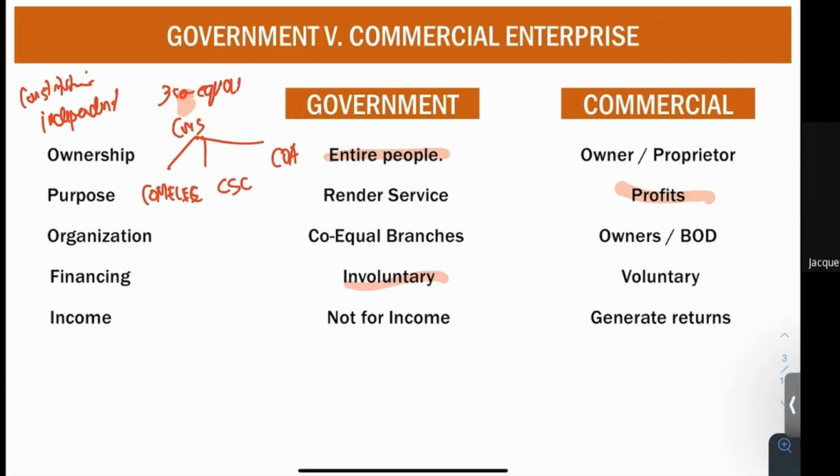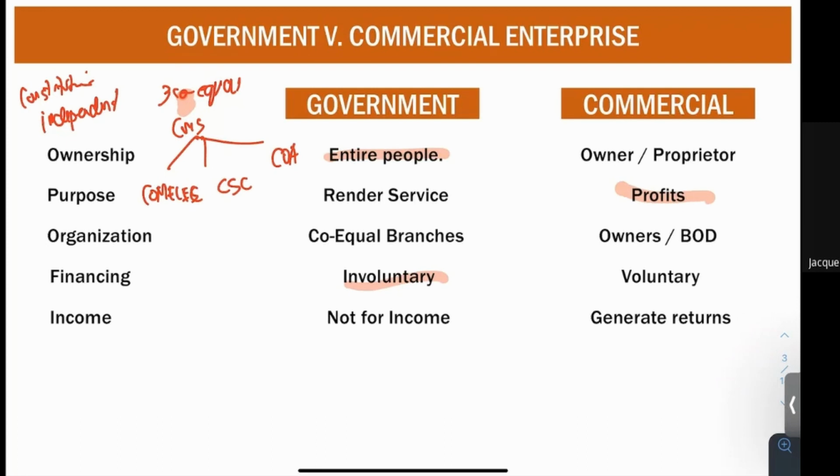You all know that. We don't voluntarily give amounts to the government. The government will enact a law to tax us, the subject of any person to taxation, and through that, you are involuntarily made to pay.